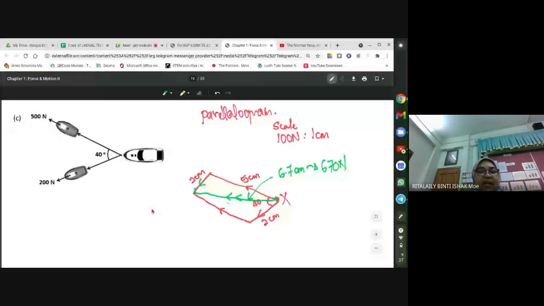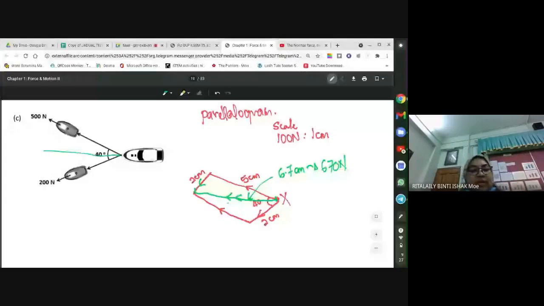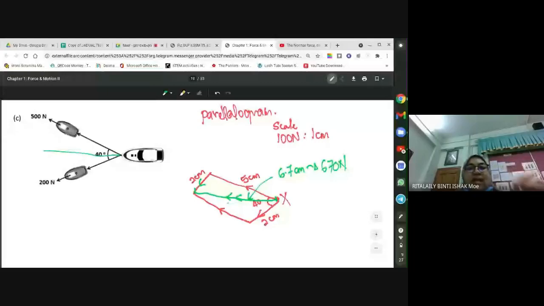So we cannot simply draw a line in the middle. We cannot say 500 is at 20 degrees horizontally and 200 is also at 20 degrees horizontally, because there are two different forces. If the forces are the same, for example, this one is 200 and the other one is also 200, then we can draw a line in the middle and say that this one is 20 and this one is also 20.